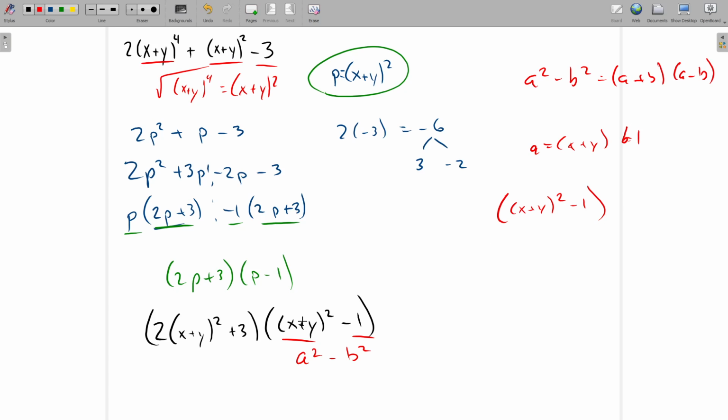Right, so this factor is going to factor itself again into (x plus y plus 1) and (x plus y minus 1). So our final answer is going to be 2 times (x plus y) squared plus 3 times (x plus y plus 1) times (x plus y minus 1).